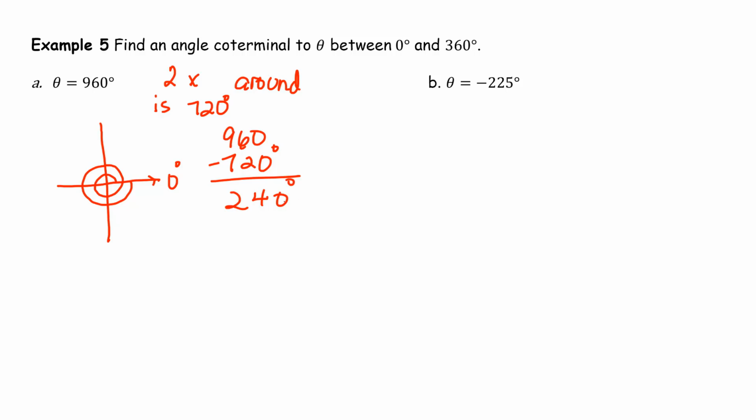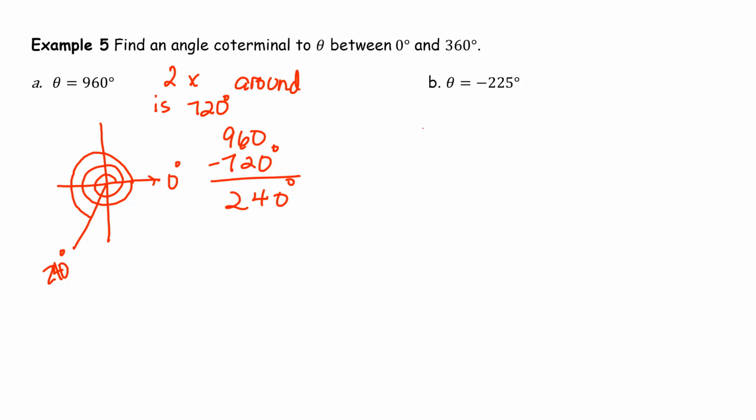So the angle between 0 and 360 that is coterminal with 960 is 240 because you spin all around the circle twice for 720, and then you go another 240 degrees, so 90, 180, and then 60 more to get to 240. So basically, you're just subtracting some multiple of 360 or adding some multiple of 360 to get to the angle that is between 0 and 360, and that is the angle that's coterminal with whatever angle you have.